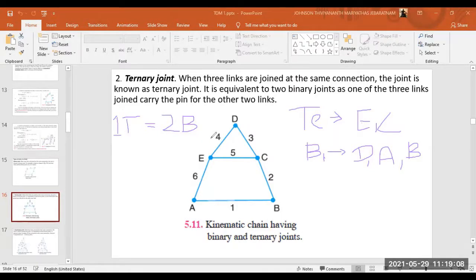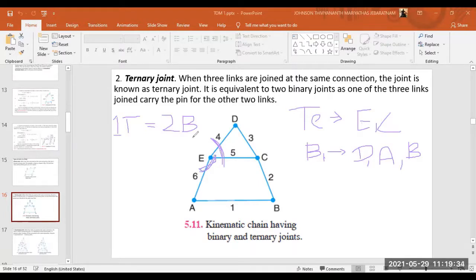So DE and EC are two members. If I consider only these two members, this is a binary joint. Also, I can consider EC and EA like this. For these two members, this is a binary joint.